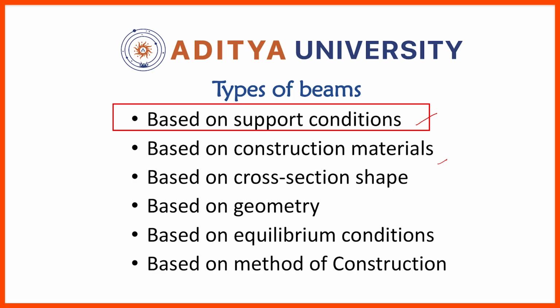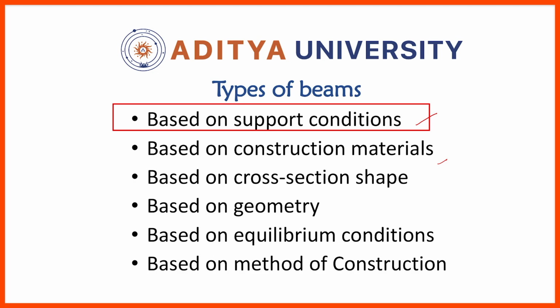First of all, based on the support condition, you know that we will have the hinged support, the fixed support, the pinned support, and horizontally guided roller and vertically guided roller; all those things are there, we will discuss. Then based on the construction materials, what type of material is used to fabricate this beam.